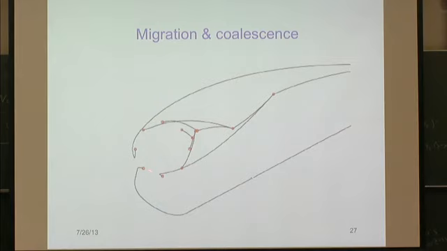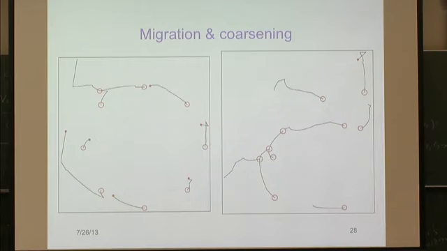There are sharp turns when there are collisions and coalescence effect, and they gradually go into some direction. Eventually, they will all collapse here, far away. And this is the picture.